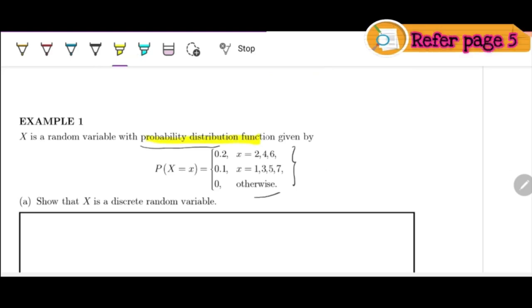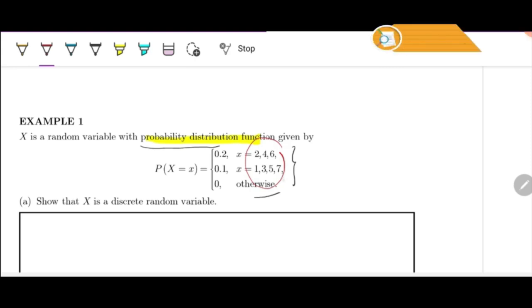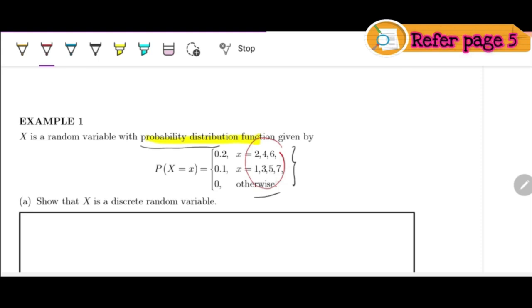For continuous, it is probability density function. Second, we can look at the value of x here. The value of x here is countable, and make sure it is not in interval form. For a continuous random variable, the value of x is in some interval of numbers.